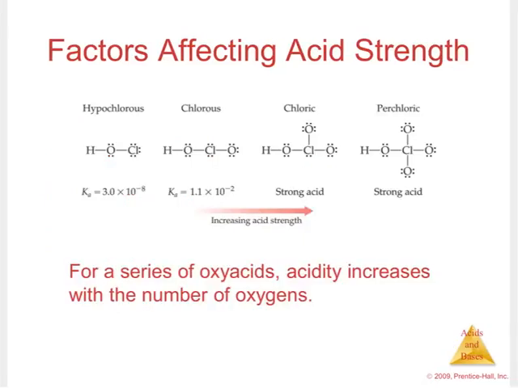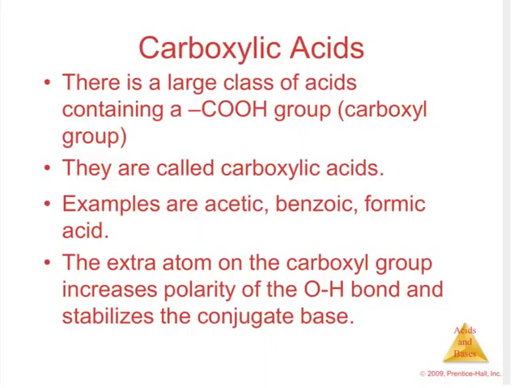And the more oxygens you add, the more loosely those hydrogens are held onto and dangling out there and more easily ionizable, and the stronger the acid. Another group of acids you should be familiar with are carboxylic acids, and they have a carboxyl group in their compound. And you're familiar with acetic acid. A couple of other examples are benzoic and formic acid.